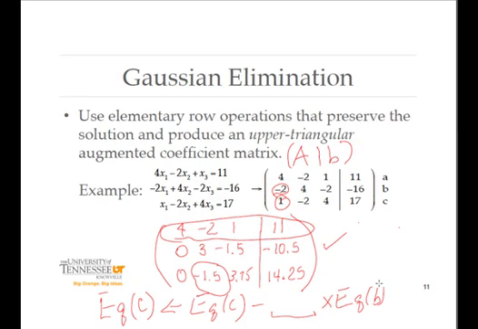It's going to be divided into this element negative 1.5. So what we're going to have here is negative 1.5 divided by the 3.